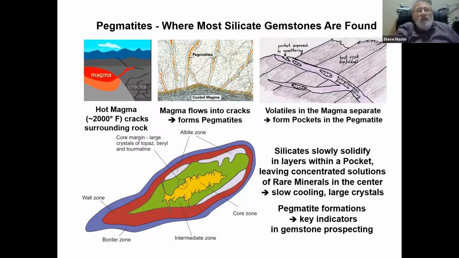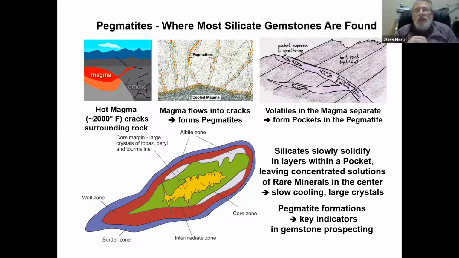So you have the stuff around the outside, which are the minerals you expect to crystallize first. And usually they're feldspars and micas, because this is pretty close to the surface, so it's cooled a lot. And the other stuff is already precipitated out. And then at the very middle, what you end up with is a core. And in that core is where you find the beryl and the topaz and the other important silicates.